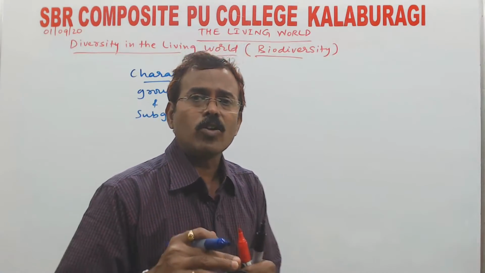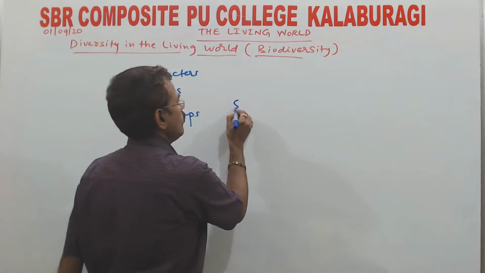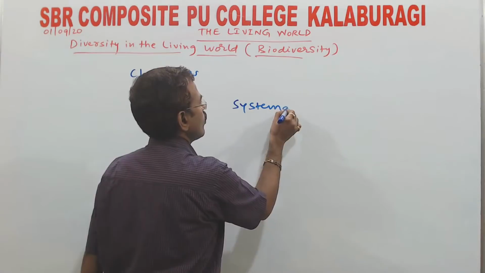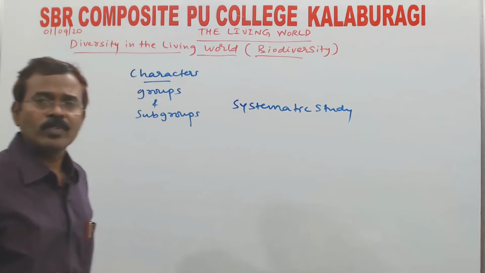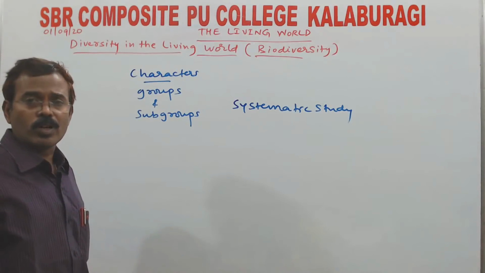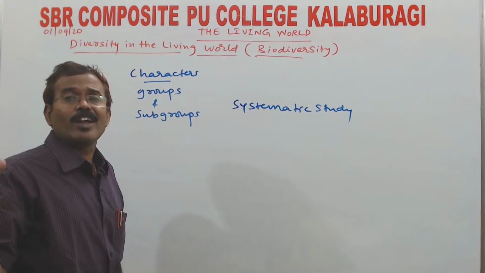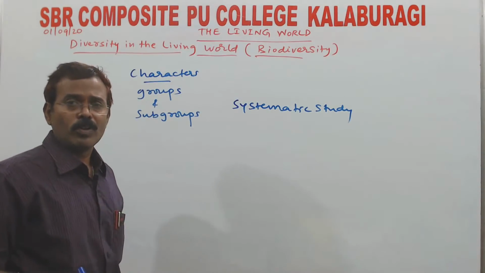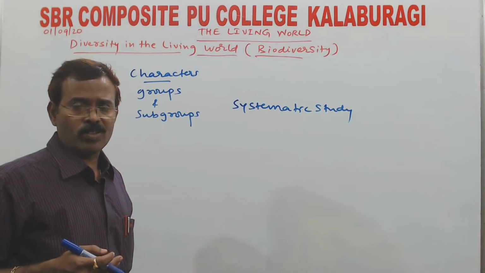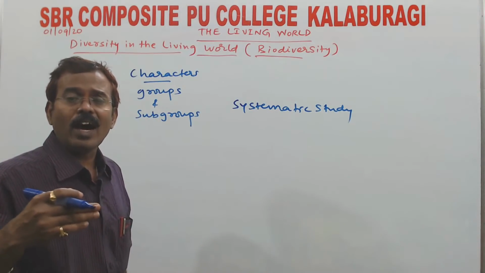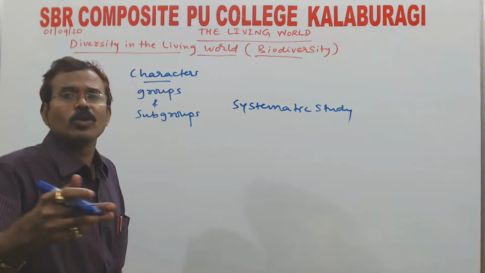These have to be classified into groups and subgroups for systematic study. For systematic study, it is very convenient to remember the characters if we group these plants and animals into respective groups. Instead of remembering the individual character of a species, we can remember the characters of that particular group, so it is very easy to remember.